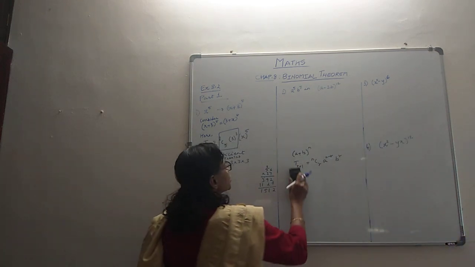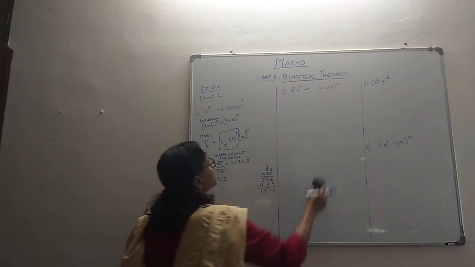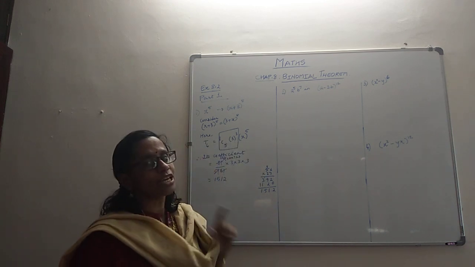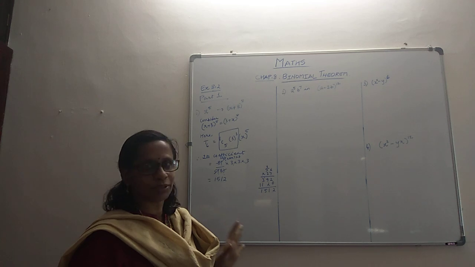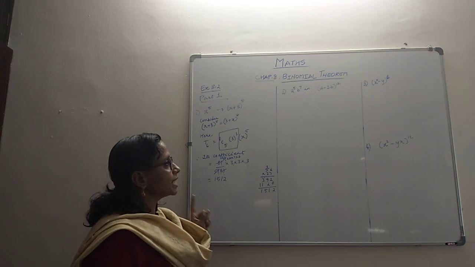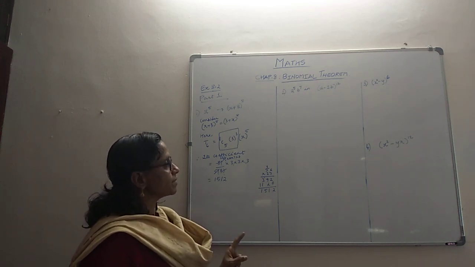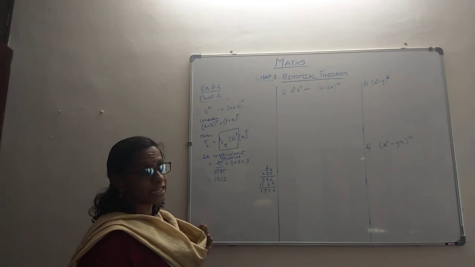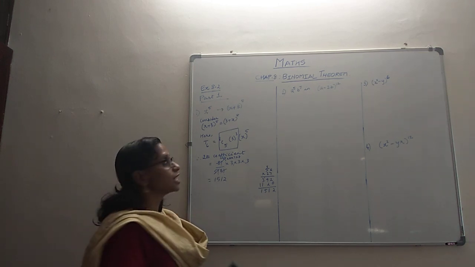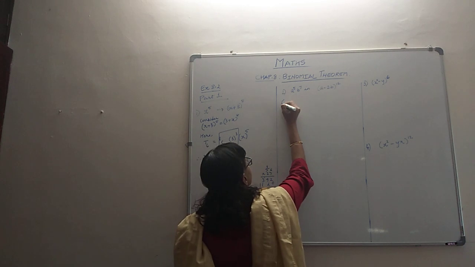Right. Now the coefficient of a raised to 5, b raised to 7. See, t you should design properly, then only you will be able to get the coefficient. If you have to get a raised to 5 and b raised to 7, what should be your t term in order to get the coefficient? So it's about considering that term.